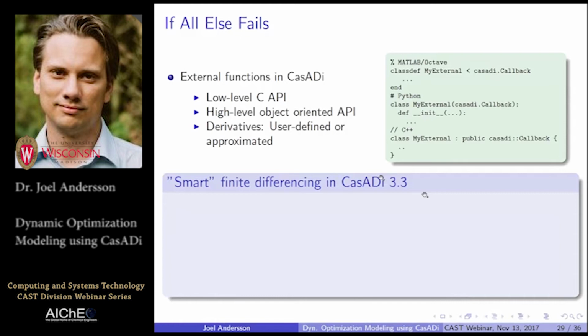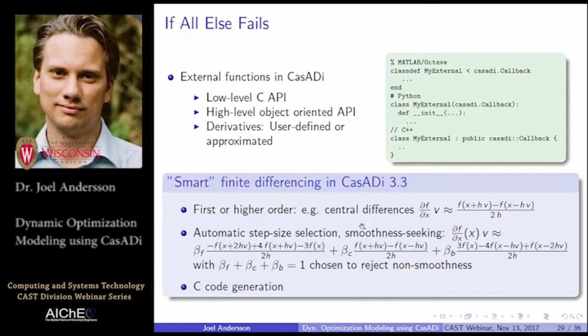So in the latest version of CasADi, we have also added support for finite differencing algorithms for calculating derivatives for external functions. And I can just mention how it works. There are a couple of different schemes, and they attempt to calculate derivatives by automatically selecting the step size that gives you a good trade-off between truncation error and round-off error.